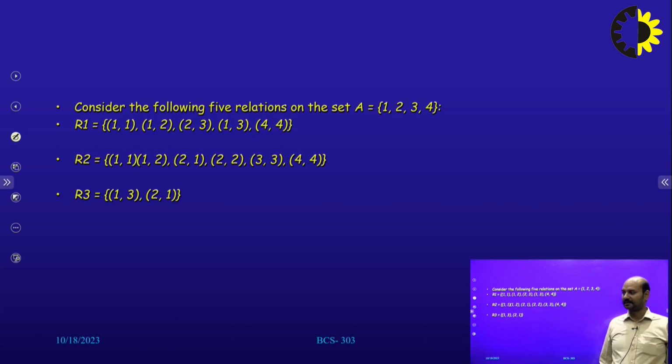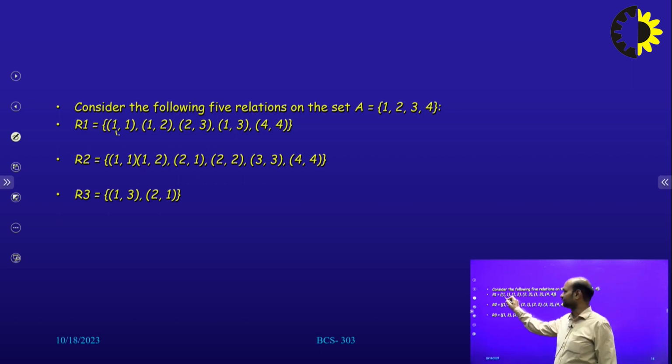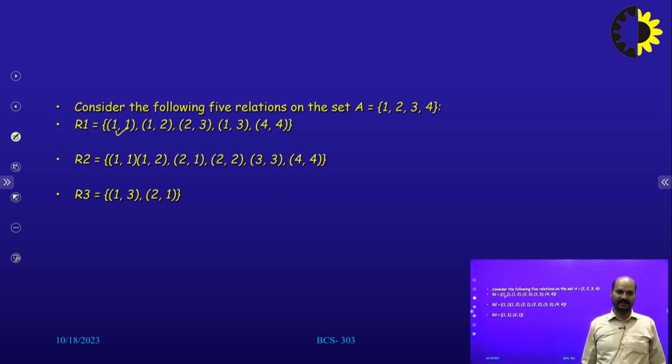So we can determine which one is the irreflexive relation. In R1, (1,1) is present, so this relation is not irreflexive. (4,4) also belongs to the relation, but according to the definition, no self relation may be present.